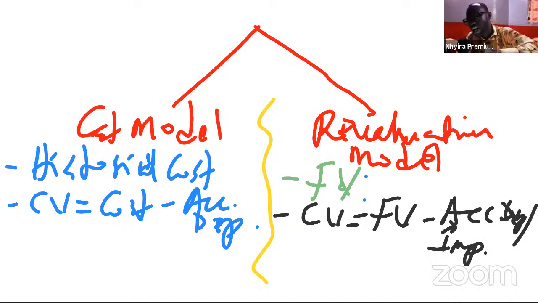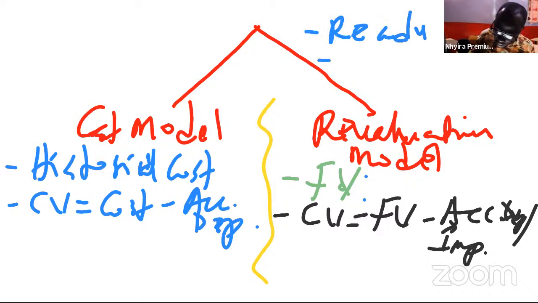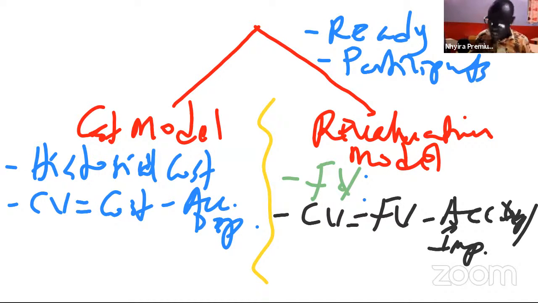Because fair value or the revaluation model is about market availability, the standard states that when there is a ready market for an asset, and there are market participants, then we can recognize the asset using the revaluation model.